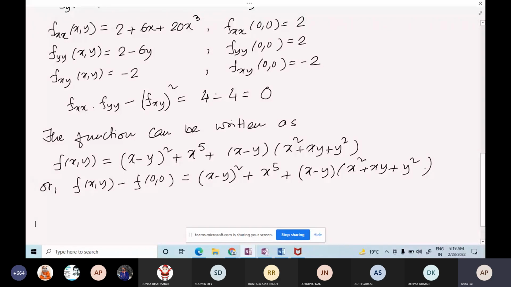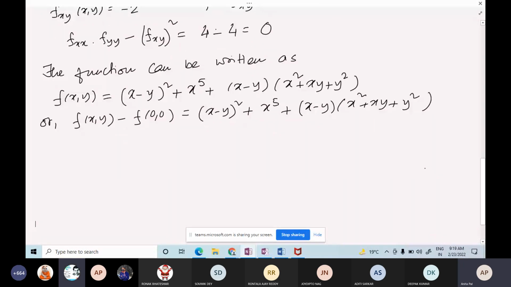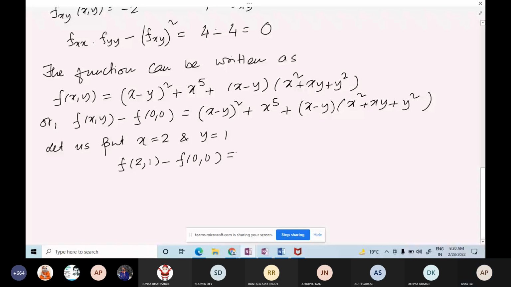Now let us put some point. Let us put x equal to 2 and y equal to 1. So we'll have f(2, 1) minus f(0, 0). If you put x equal to 2 and y equal to 1, what will we get? On the right hand side, 2 minus 1 whole square, 1.